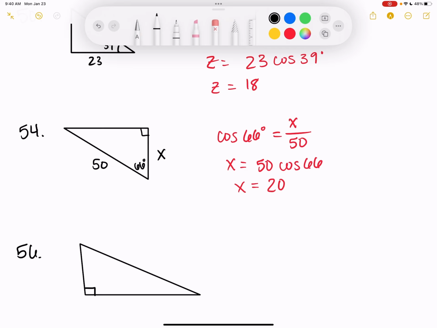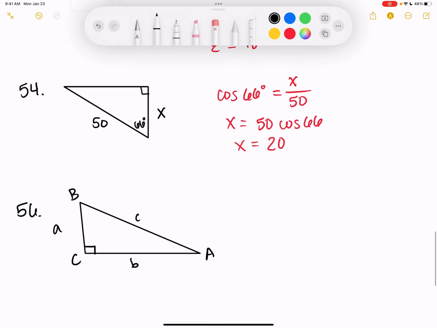It is a right triangle. This is angle C, angle A, angle B. So then side A, side C, and side B. Now, they label these angles as beta and alpha, but I would just call them angle A, B, and C.